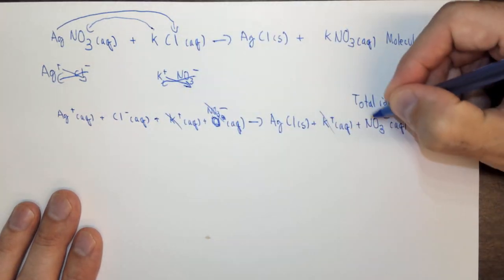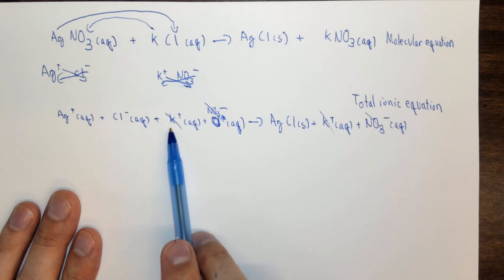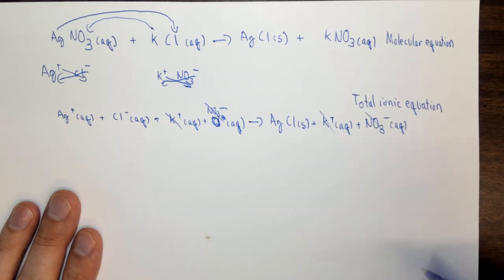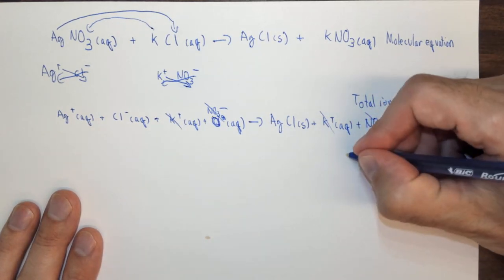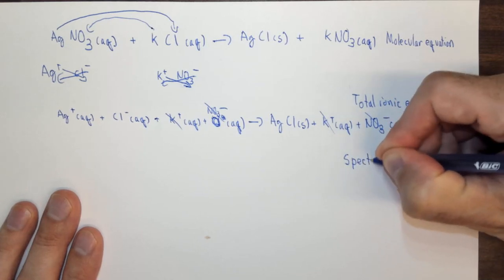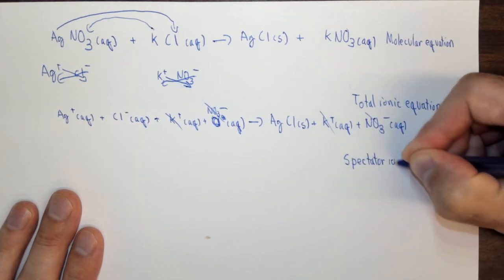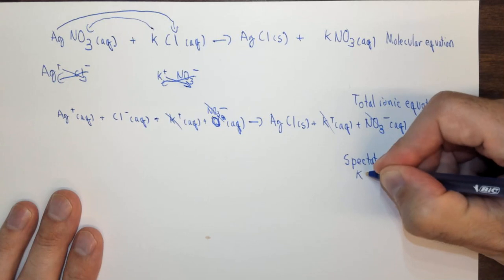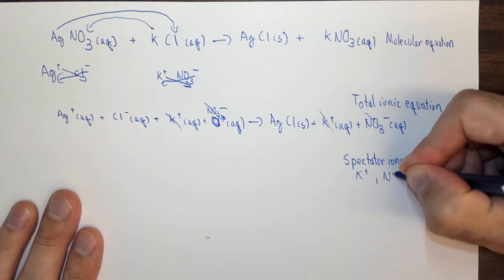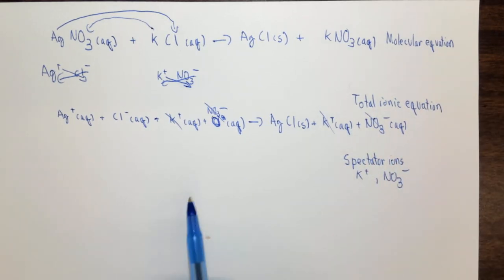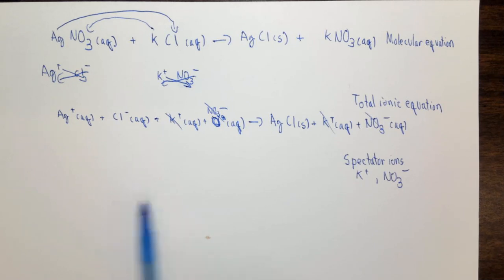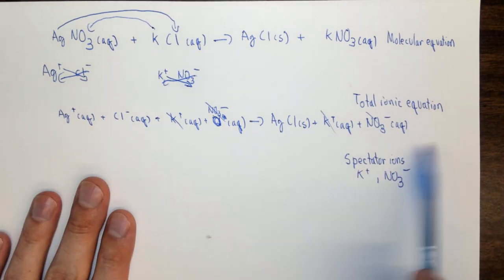And therefore, for the total ionic equation, any ions that are on both sides can cancel out, and we call them spectator ions. In this case, those are K plus and NO3 minus, because they have broken up and they're just floating around in solution. Nothing happened. They didn't precipitate.